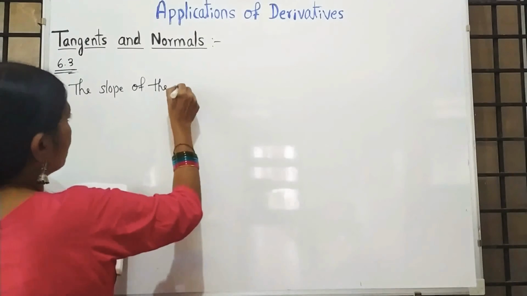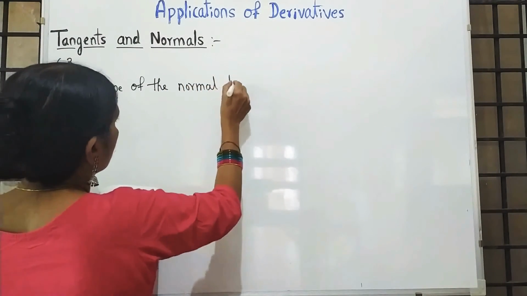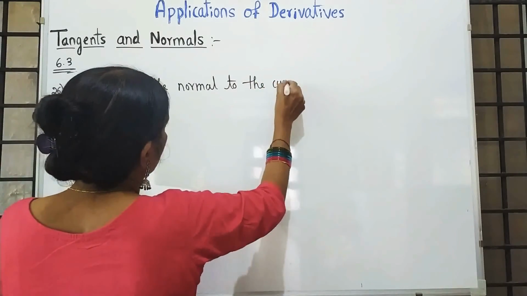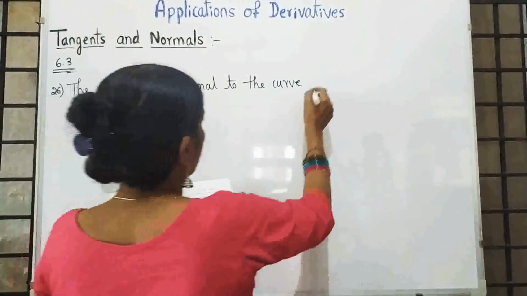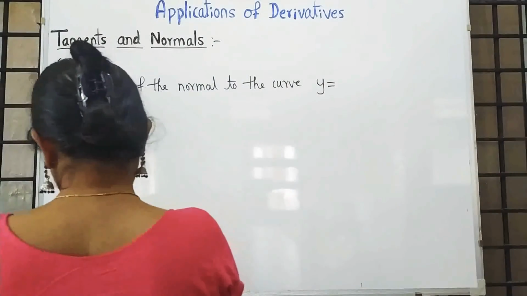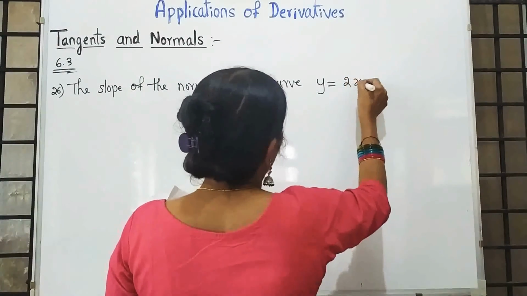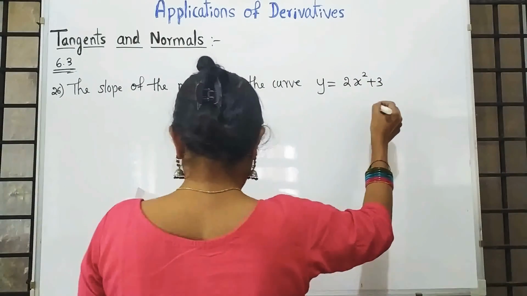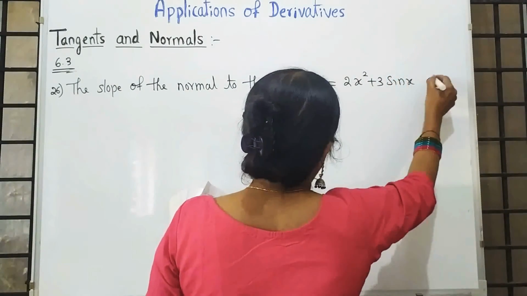The slope of the normal to the curve y is equal to 2x square plus 3 sin x at x is equal to 0 is. Options: 3, 1 by 3, minus 3, minus 1 by 3.